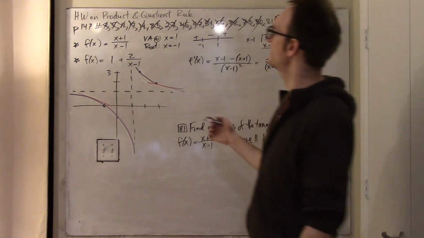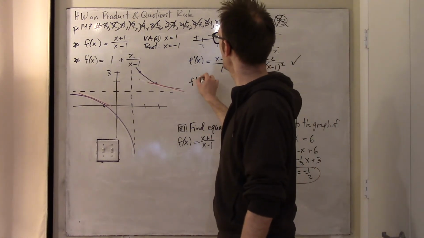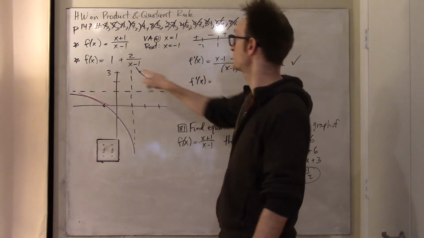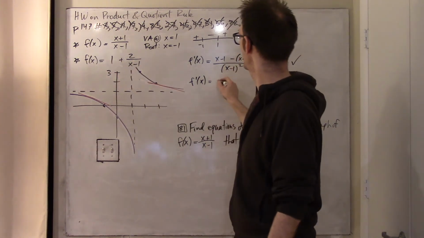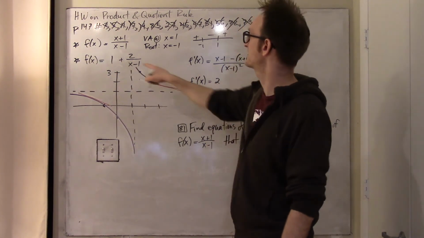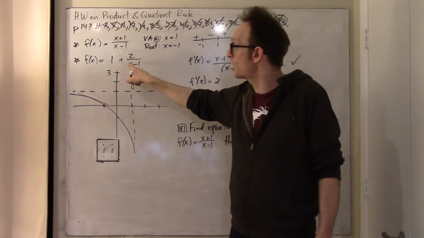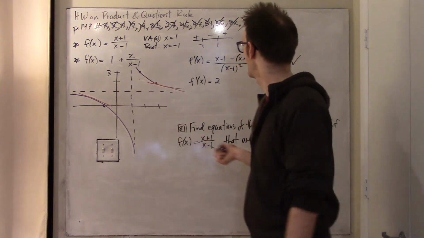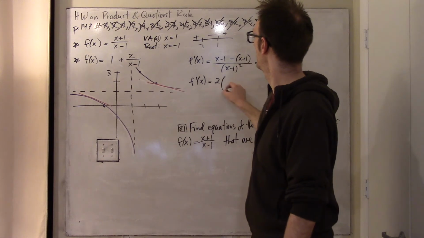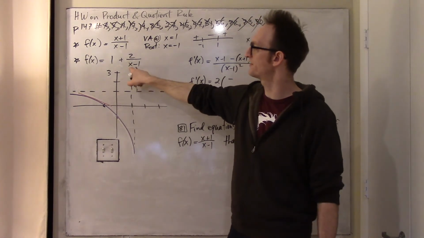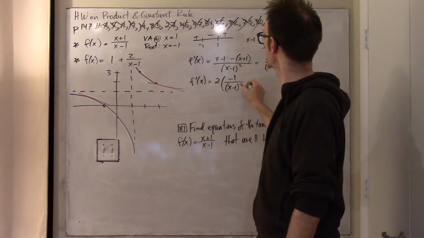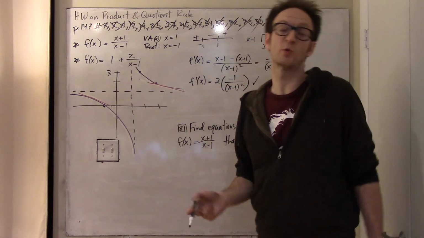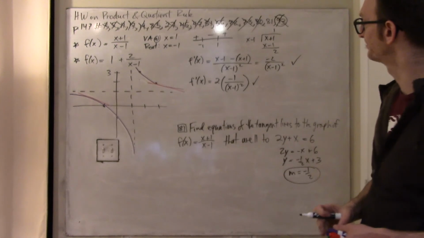The alternative is to take the derivative using this version, because the derivative of 1 is 0, and then you end up with 2 times the derivative of 1 over (x minus 1). Well, it's the negative of the derivative of x minus 1, so negative 1 over (x minus 1) squared. I just used the reciprocal rule there, and I got the exact same thing.